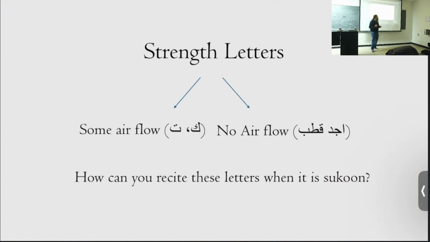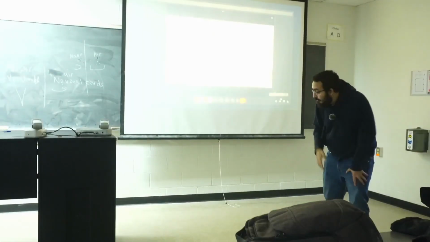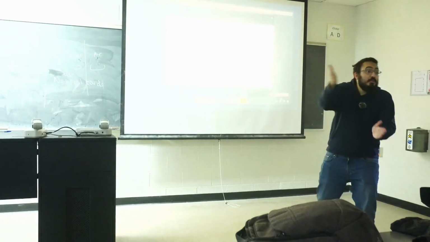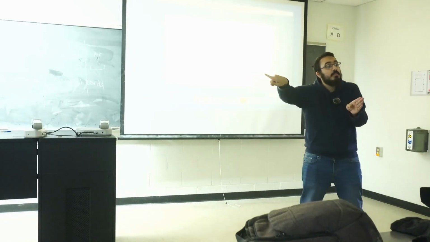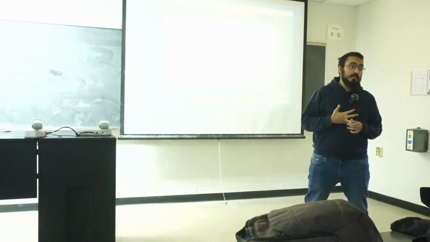Ak. Okay, what am I doing with this one? Like qaf, what am I doing with qaf? Qalqala. That's why qalqala is necessary. Aqo. Why is qalqala necessary? Because the sound is blocked and there's no air to actually help me release. So I do qalqala.